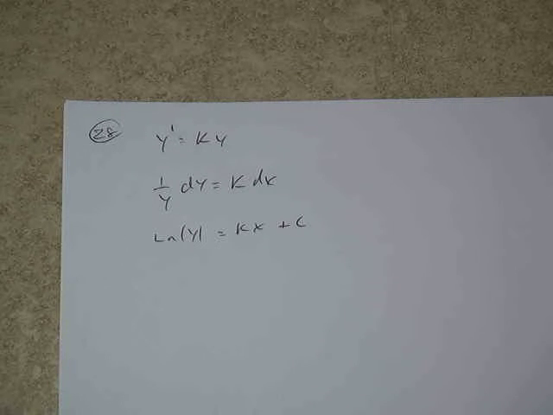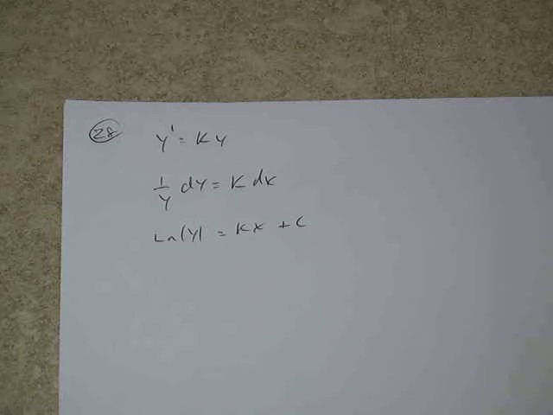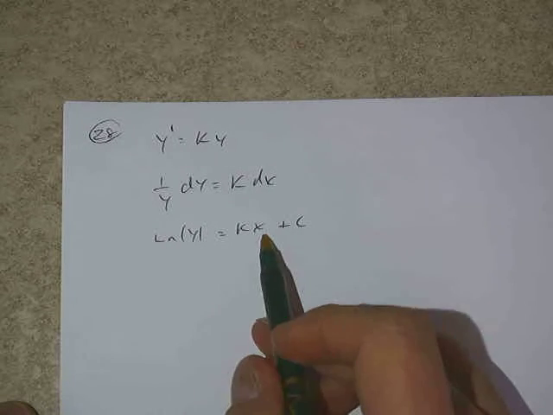Alright, now what it boils down to is, with the given information, it says the initial population is 1500, and it quadrupled in 2 days. The x value here is actually our t value.